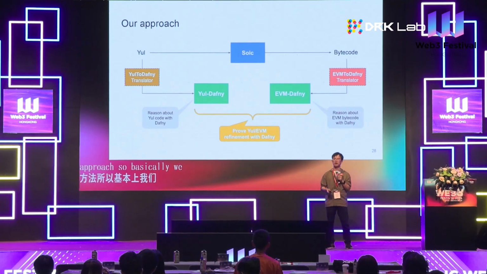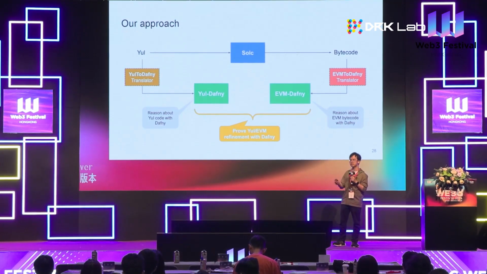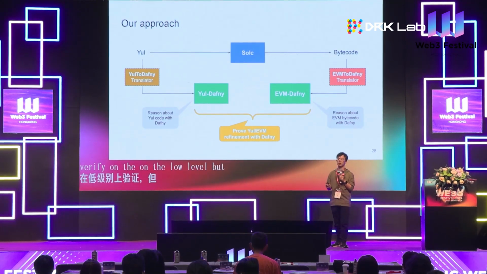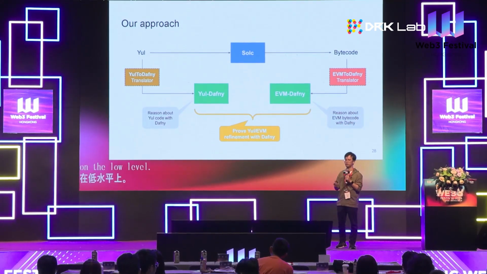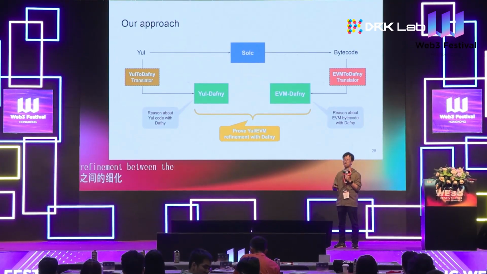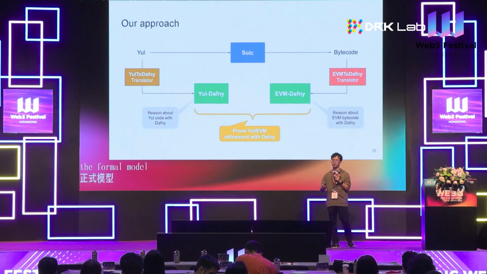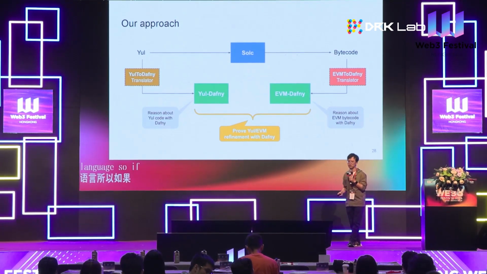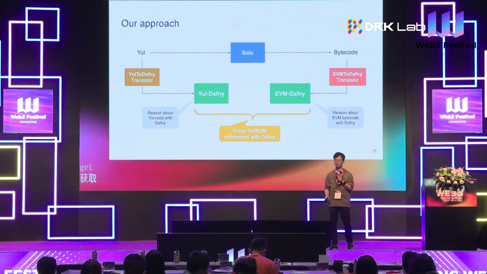We verify on the high level, and we verify on the low level. But instead of writing specifications on the low level, we are trying to prove the refinement between the formal model of the high-level language and the formal model of the low-level language. If we prove they are equivalent, we only need to verify on the high level, and we get the same guarantee on the low-level code.